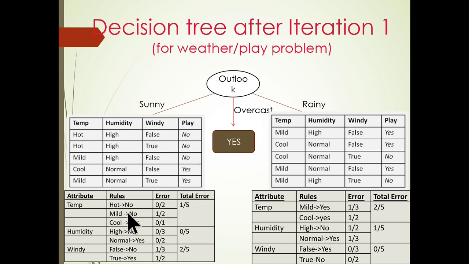Similarly mild 1 of 2, cool 0 of 1, so total error will be 1 by 5. Similarly we calculate for humidity and windy. On the right side we have rainy, and similarly we calculate the errors as well as the total error.